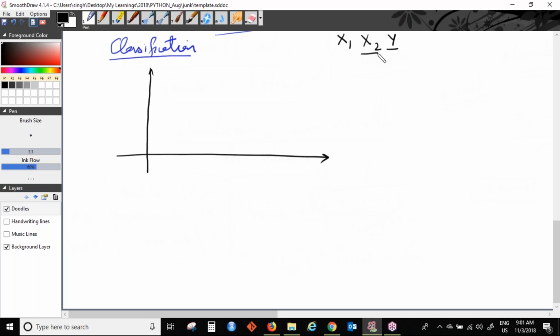Y is my dependent variable, x1 and x2 are my independent variables. Let's say we have some values here and my dependent variable is, let's say, plus and minus. I can write ones and zeros also, but instead of ones and zeros I am writing plus and minus. And let's say it looks like this.